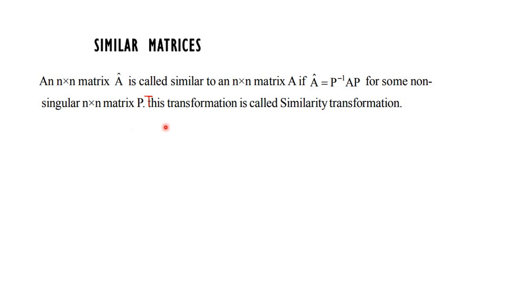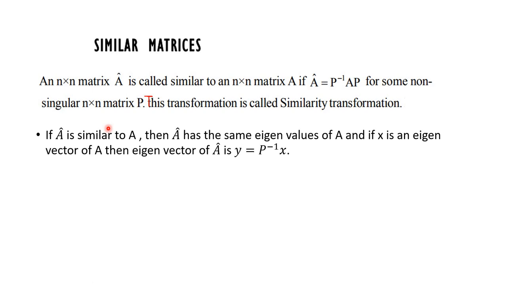So similar matrices have the same determinant, the same characteristic equation, and the same eigenvalues. If A cap is similar to A, then A cap has the same eigenvalues as A, and for eigenvectors, if x is an eigenvector of A, then the eigenvector of A cap is y equal to P inverse x.